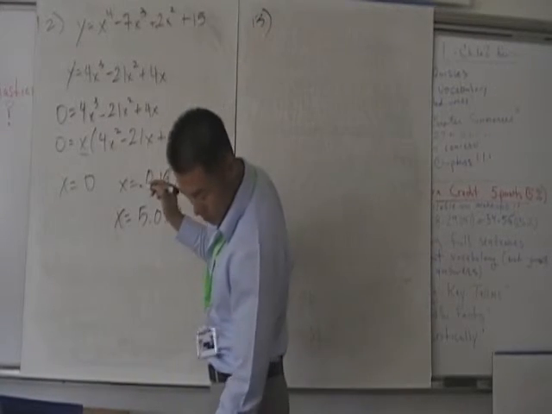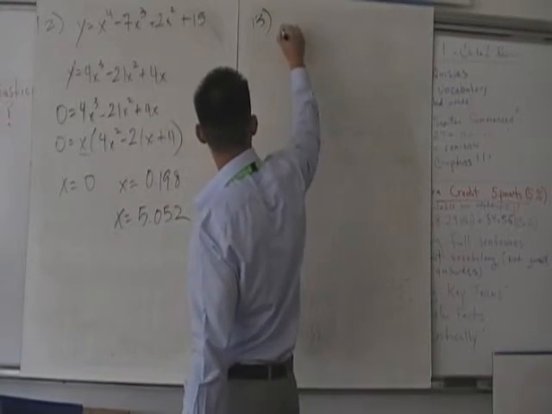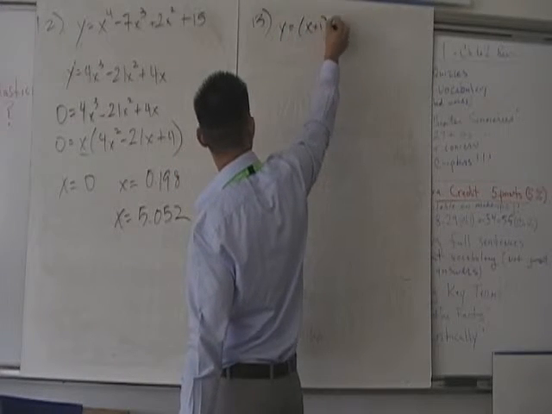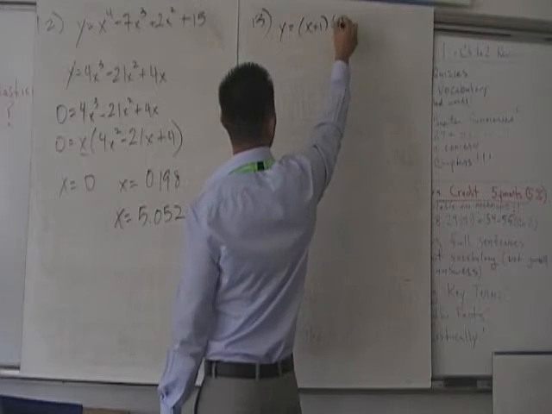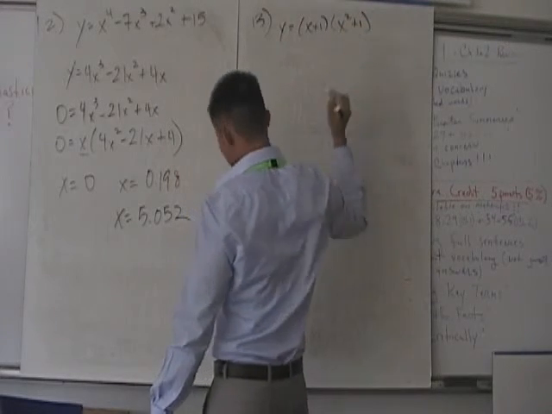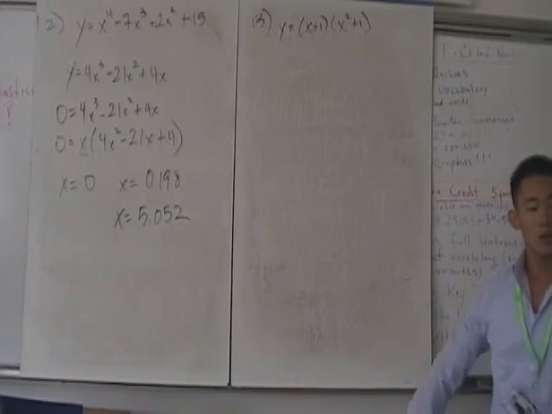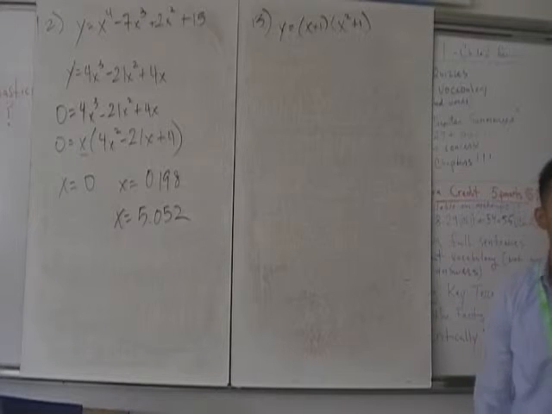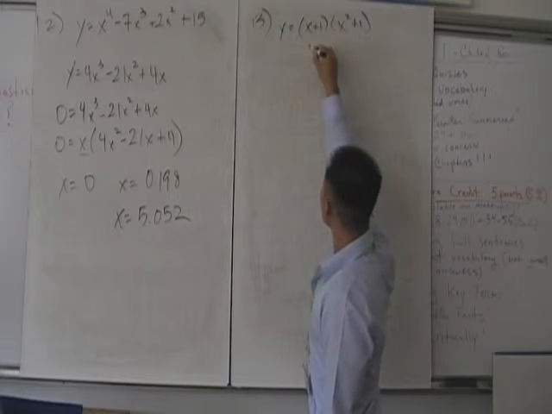Alright, 13, we got y equals x plus 1 times x squared plus 1. Alright, so product rule. Let's say this is u, and that's v.